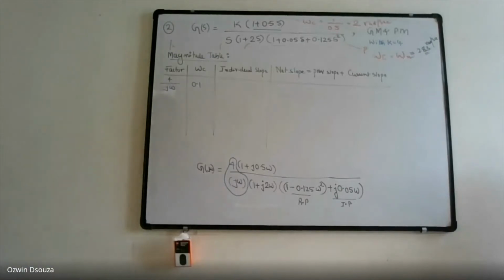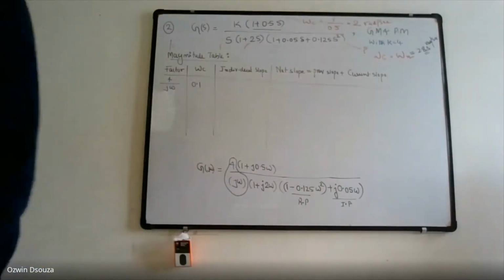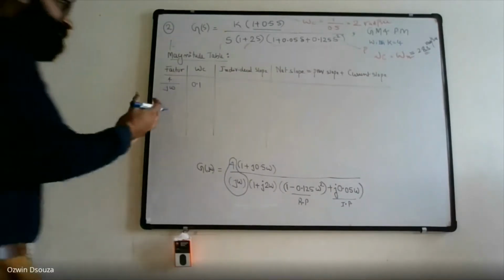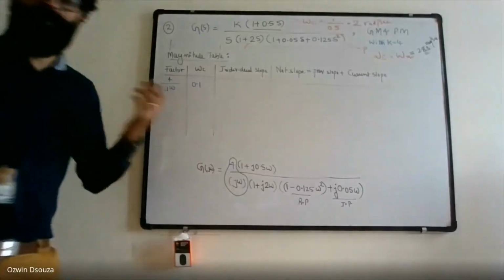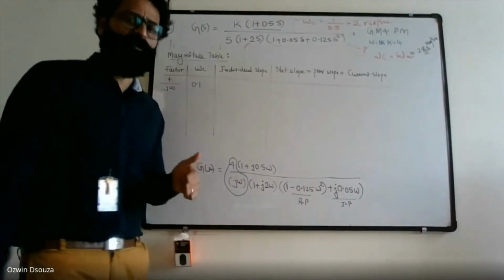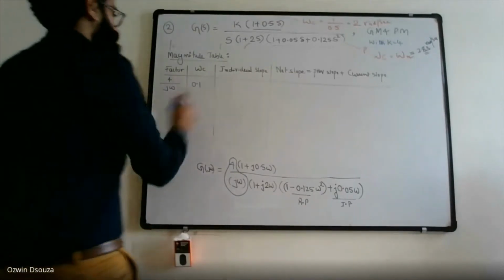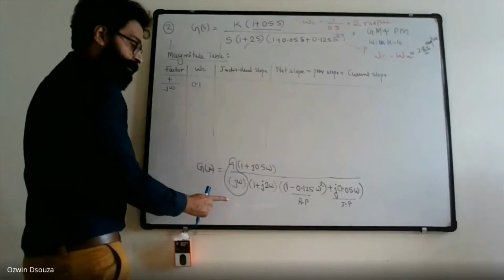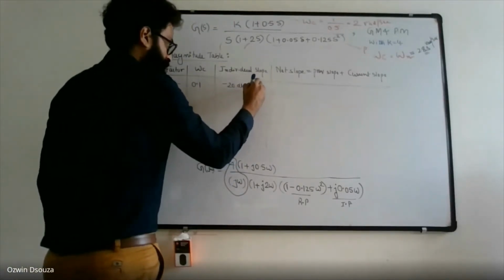Again, it need not be 0.1; it can be 0.01 or 0.001. Just that if you take a very, very low frequency, your Bode plot is going to expand. The rule of thumb, 0.1, generally works well. The individual slope: I have a pole at origin, so the individual slope is minus 20 decibel per decade.